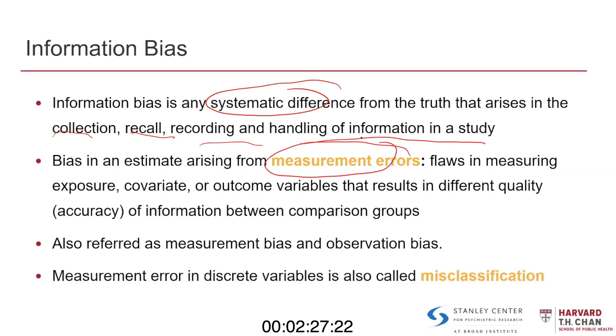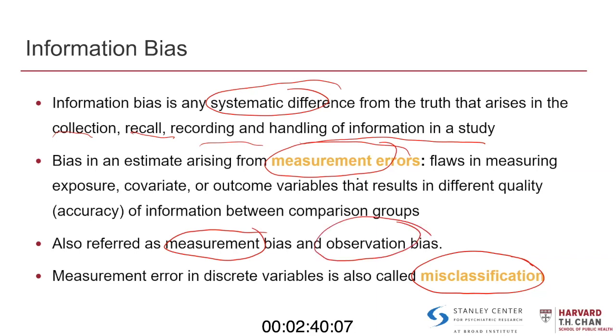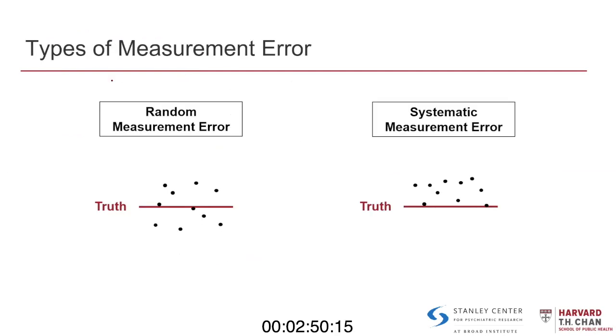And measurement error in discrete variables is often called misclassification. So you might hear measurement bias, observation bias, misclassification, or information bias, describing the same thing depending on the study question, depending on what is involved in data collection.